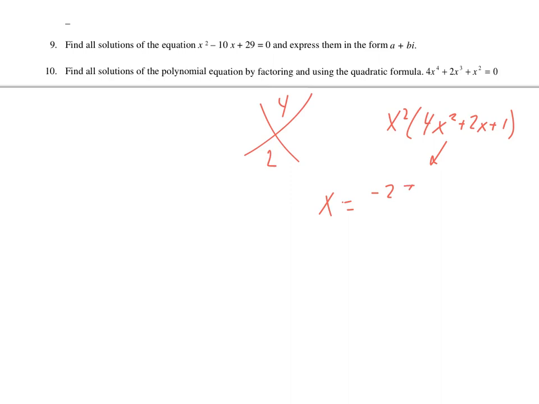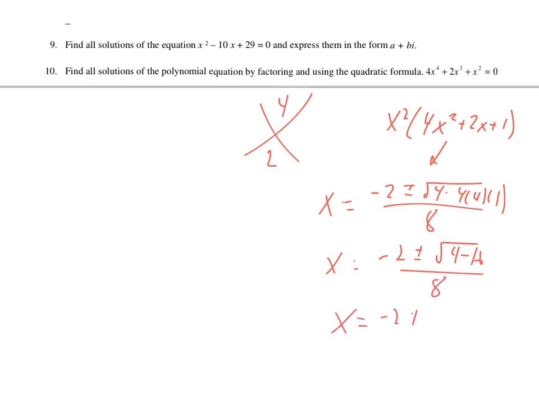And so it's negative 2 plus or minus square root of 4 minus 4 times 1 all over 8. So negative 2 plus or minus the square root of 4 minus 16 all over 8. Negative 2 plus or minus the square root of negative 12 over 8. And we'll break this down as a 4, 3, 2, 2. So the twin 2's will go outside.